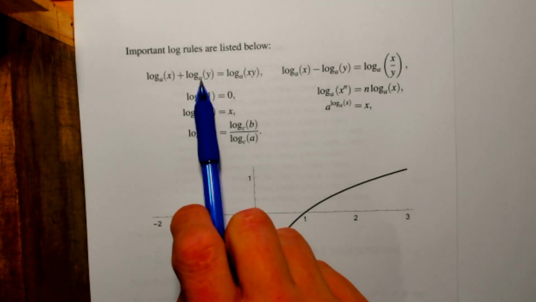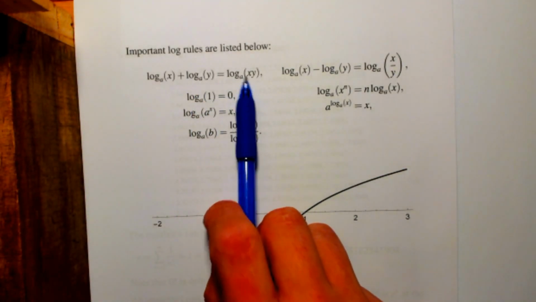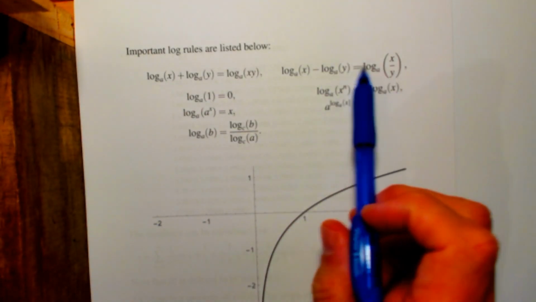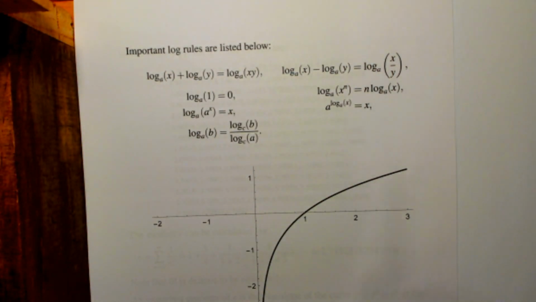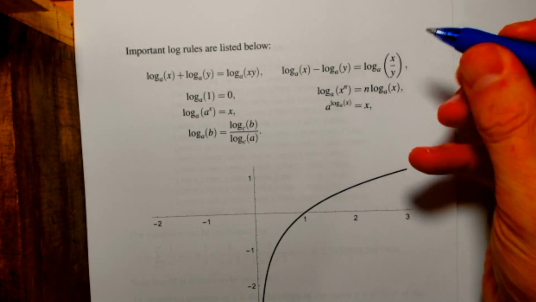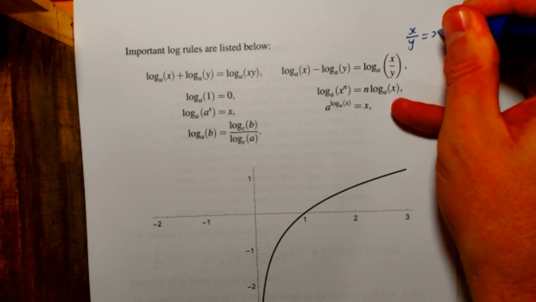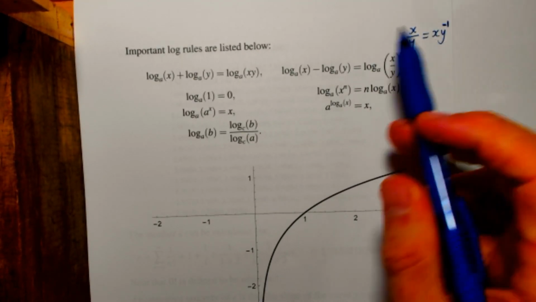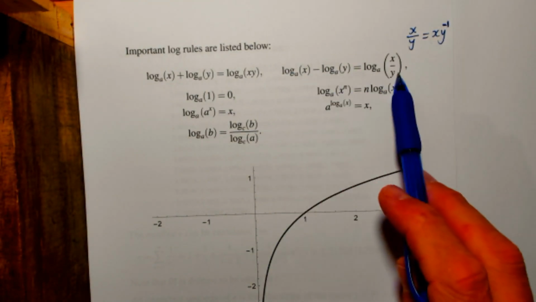The sum of the logs, provided they have the same base, is the log in the same base of the product. So this one is directly related to this one, because in this product you can write x over y as x times y to the power of minus 1, and use this log rule together with this log rule to get this log rule.